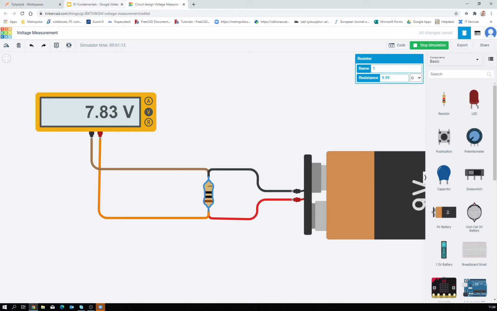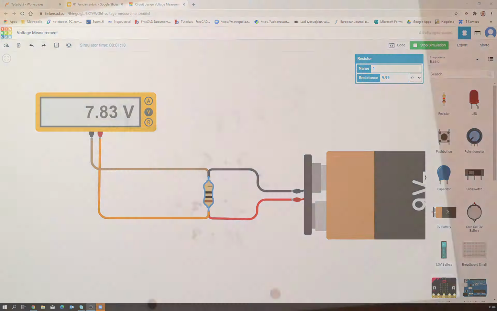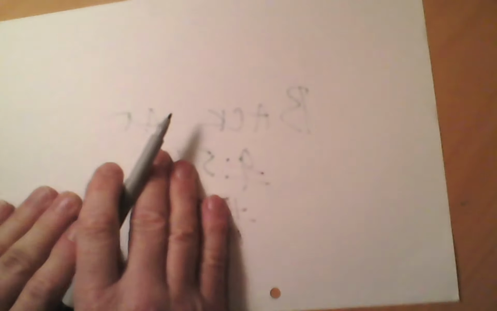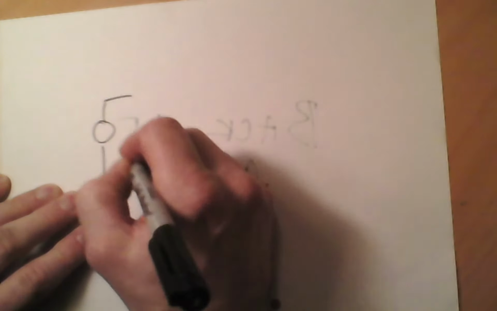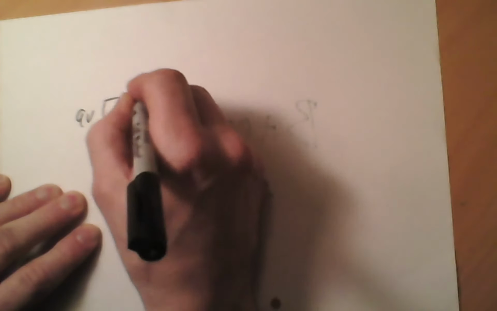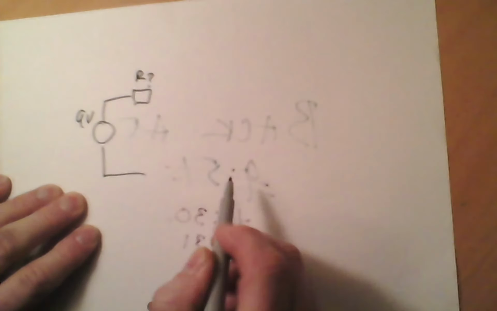I do have a way to show that. So let's see, we can calculate. In the model, we have 9 volts, and this is the question mark.